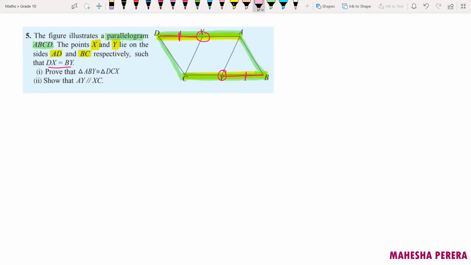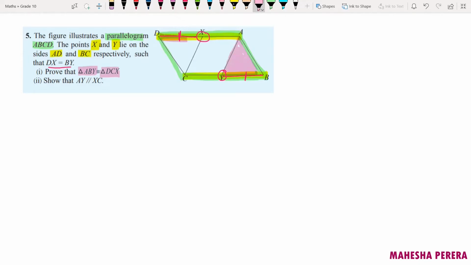Prove that triangle ABY is congruent to triangle DCX. Right, now where are these two triangles? Triangle ABY is here.